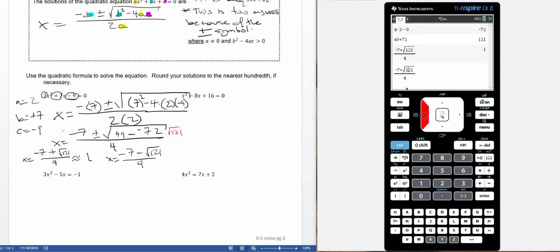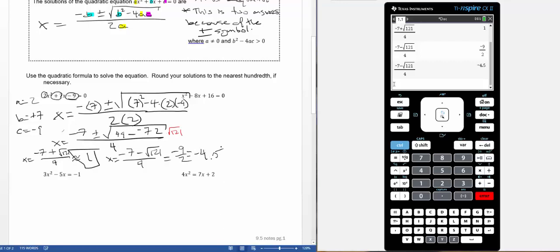So rather than type everything from scratch, I'm going to be lazy here and just edit this adding sign to a minus sign. And that's minus 9 halves. Or if I do Control, Enter, 9 halves is negative 4.5. So my two solutions are x equals 1 and x equals negative 4.5.